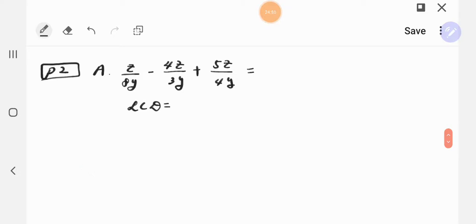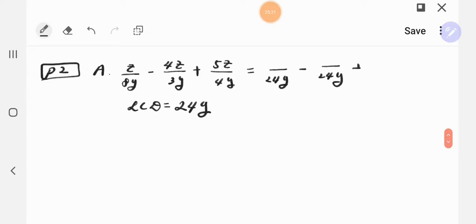So 8 times... Okay, so the LCD will be 24, right? Sorry, 12. No, the LCD is 24y, right?